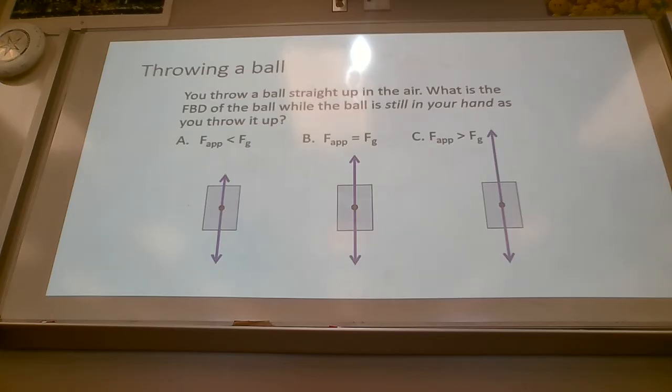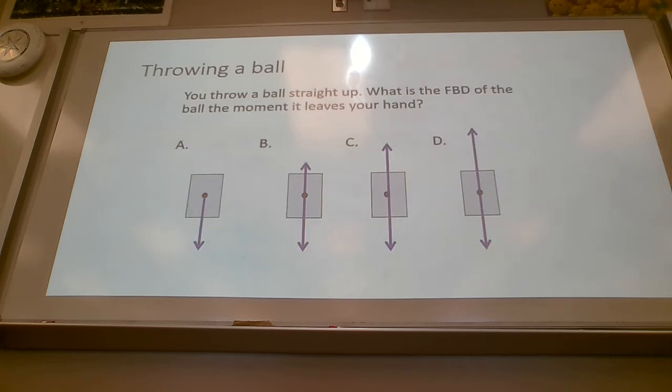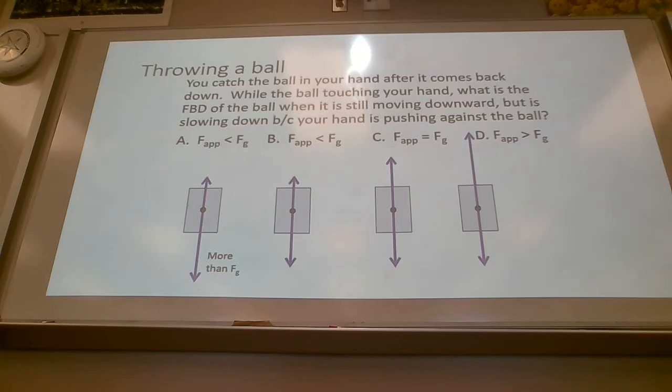Still in your hand, correct answer is C. Your acceleration is upward, therefore the net force has to be upward as well. After it leaves your hand, correct answer is A, just the force of gravity. This is while you're catching it.